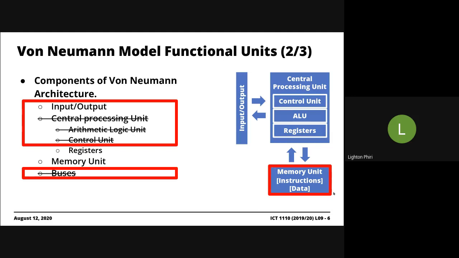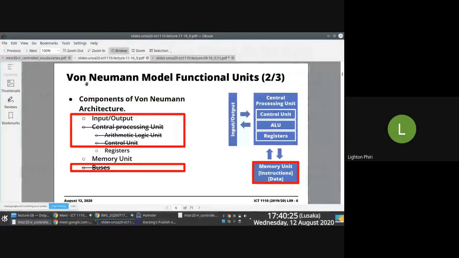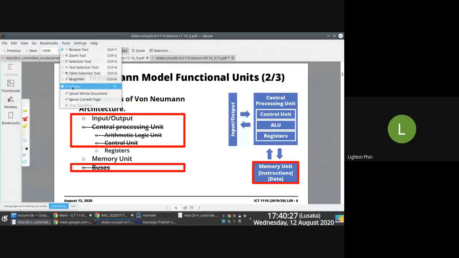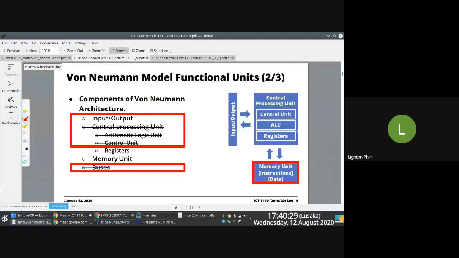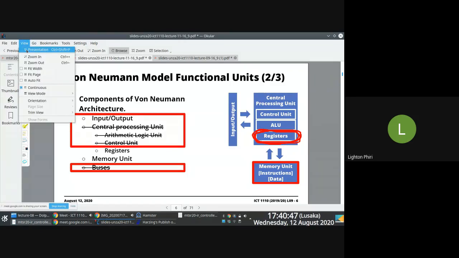Some of the things we discuss with regard to the memory unit would also apply to registers. Yes, we know registers sit on the CPU, but it's also a memory component. It's considered primary memory. Same goes for level 1 cache and level 2 cache. All of these sit on the CPU chip itself.